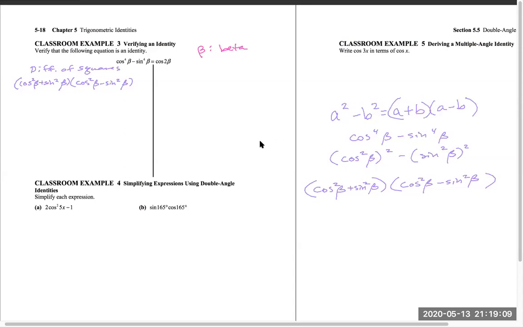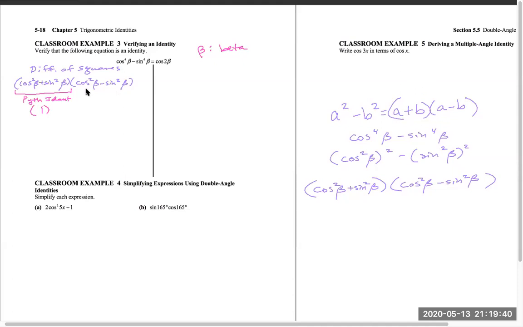Now the next thing is, can you simplify either of these? Well, actually you can simplify both of them. What we get here, this is a Pythagorean identity. And it just equals 1. Okay.